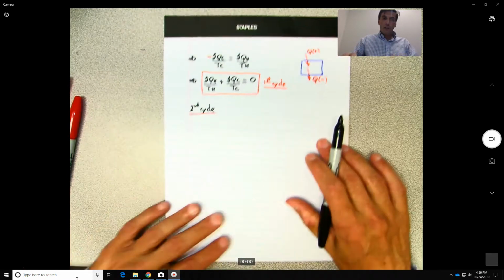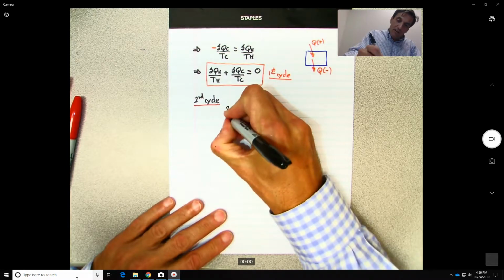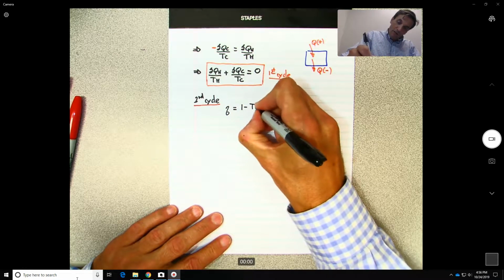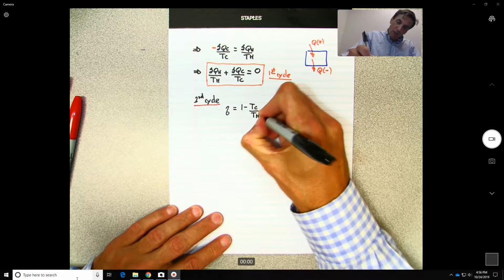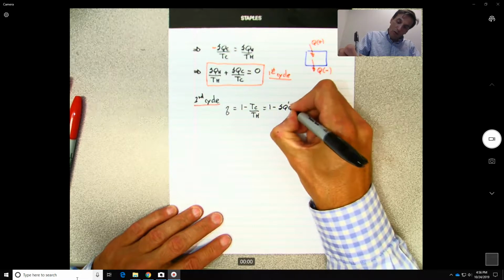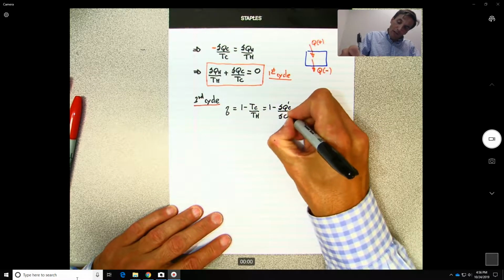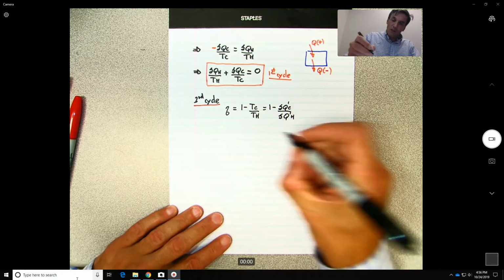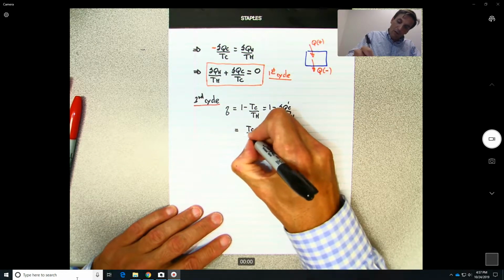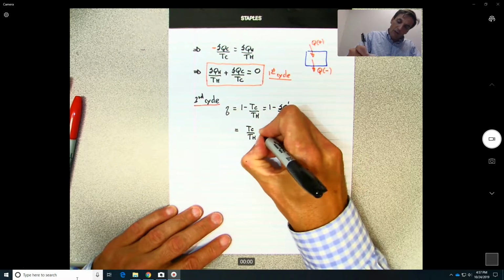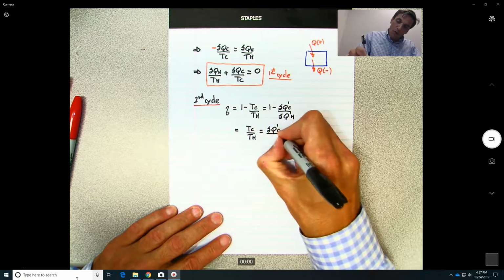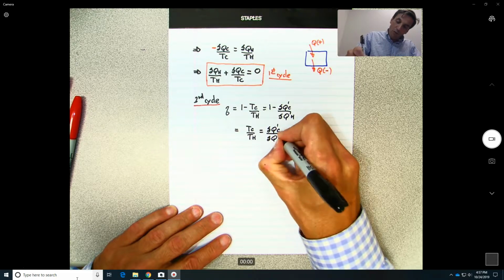So again the efficiency equals 1 minus T cold over T hot, equal to 1 minus delta Q prime cold over delta Q prime hot. So exactly as before, T cold over T hot equals delta Q prime cold over delta Q prime hot.